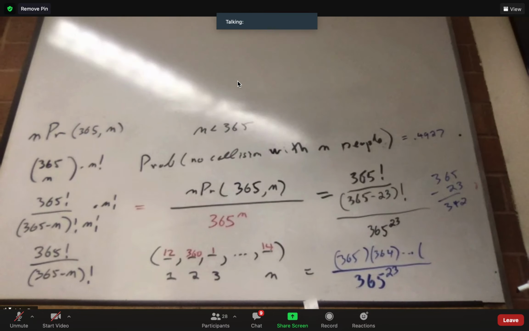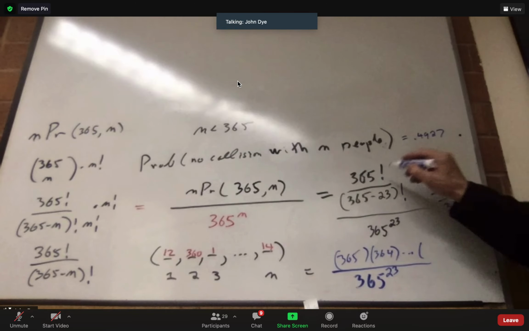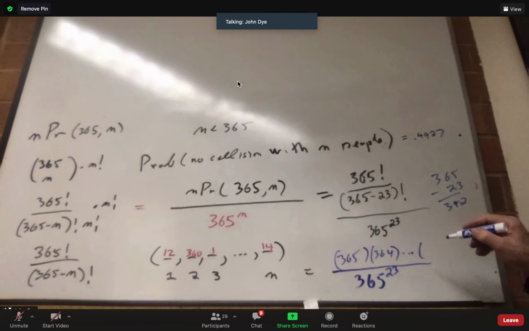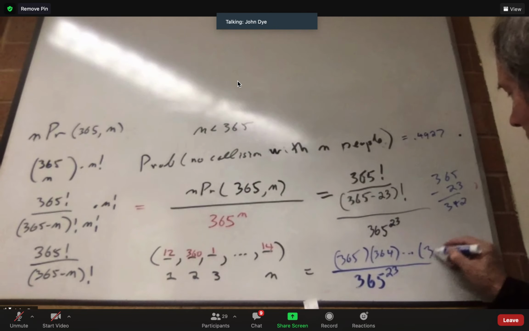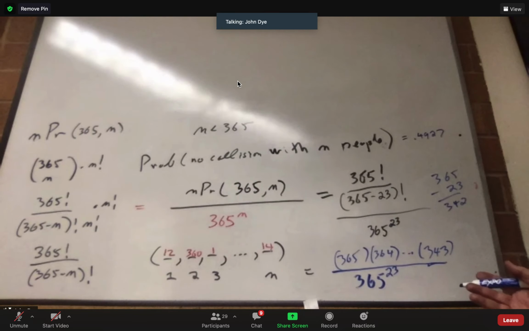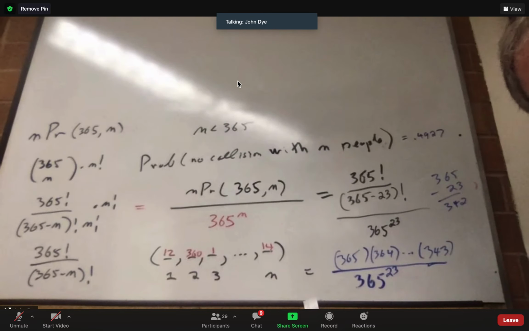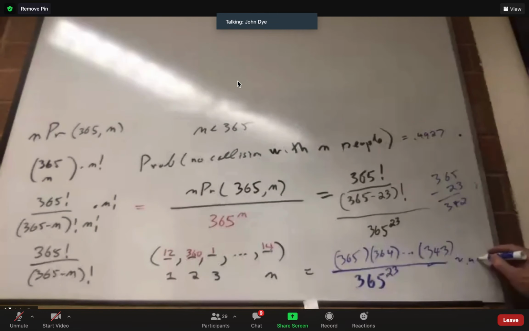So when you get down to 342, you're canceling off for this, so you don't get down that far. You go to 343. So this expression, even though it's ungodly large, this is what you're dealing with. These are the numbers, and that is 0.4927.